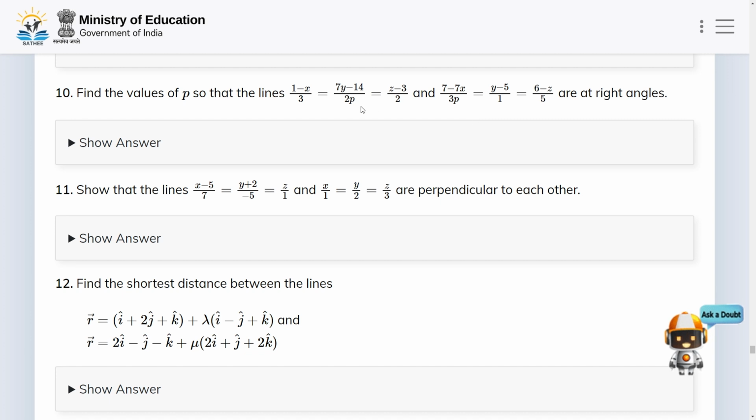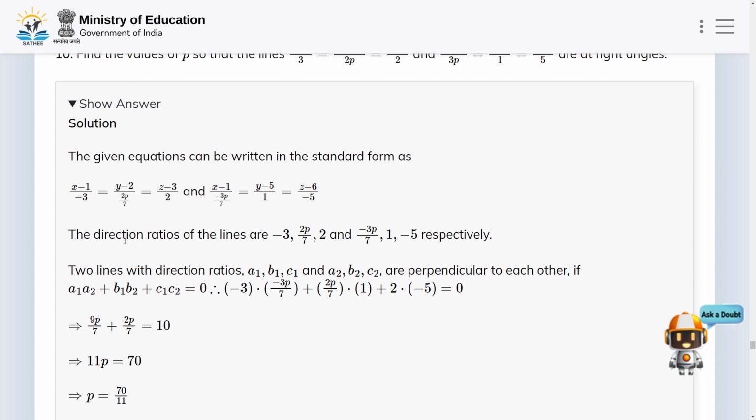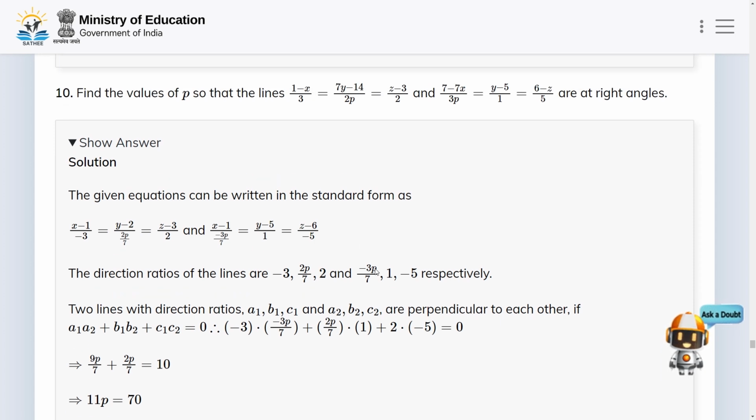Very simple to find. Whenever you have two lines perpendicular to each other, what you have to do? Very easy. If you know, you can easily find out the direction ratios as this. For this line, your direction ratios will be minus 3p by 7, 1, minus 5.